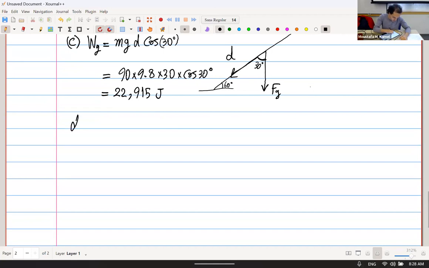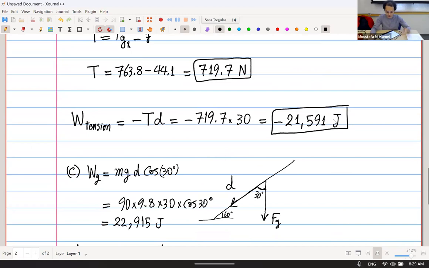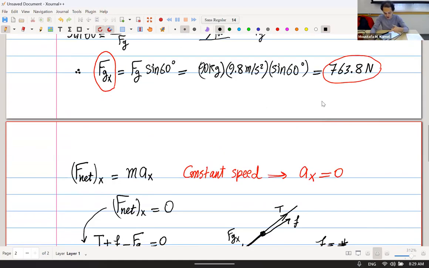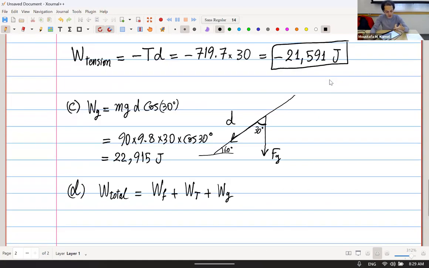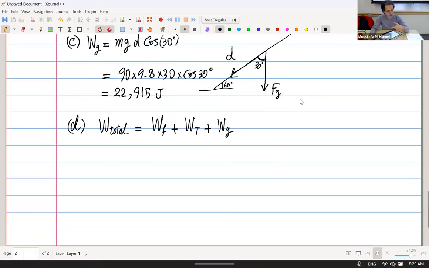Now to get the total work, you just add all of them. So work done by friction plus work done by tension plus work done by gravity with their respective signs. Friction and tension are negative works and gravity is positive work in this case.